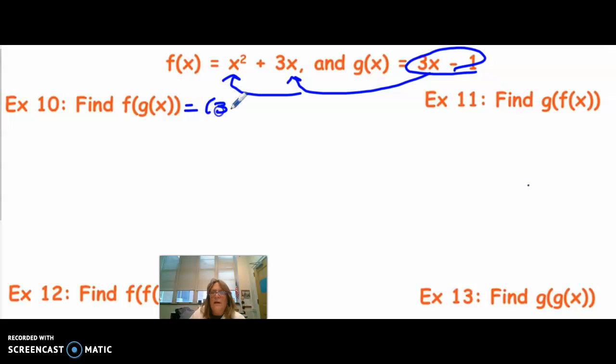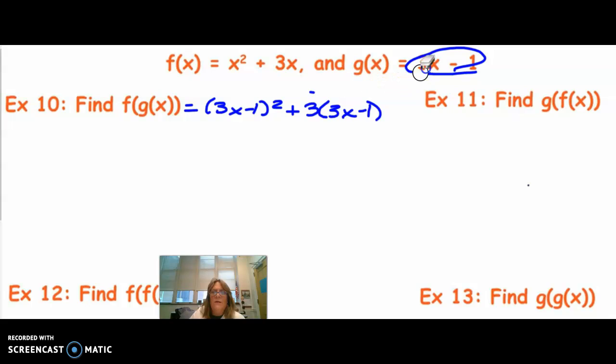So we have (3x minus 1) squared plus 3 times (3x minus 1). Okay? So that's what that f of g of x means. And I'm going to write it so that you know f composite g of x.